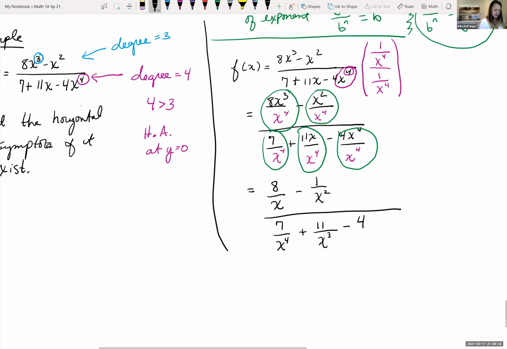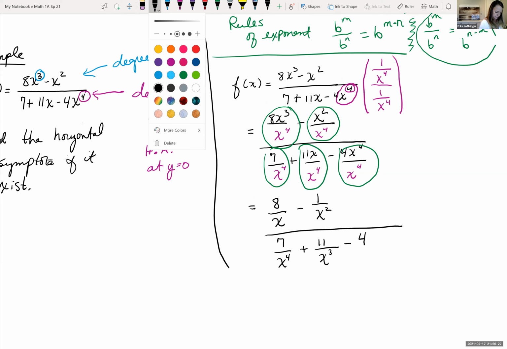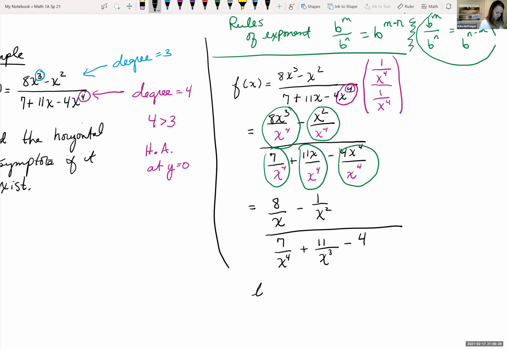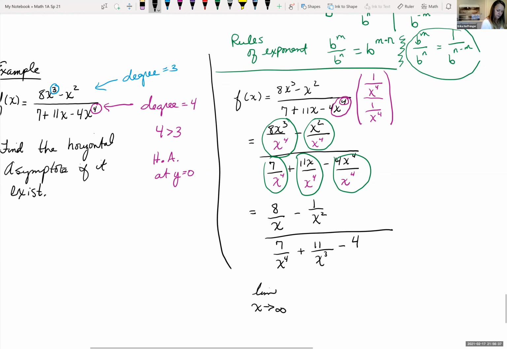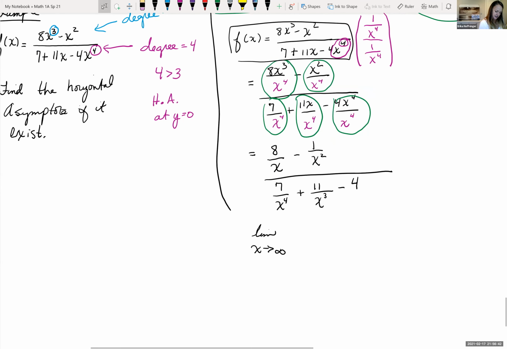And so now if I look at this limit, as x is going to infinity of this function, let's write it this way. 8 over x minus 1 over x squared all over 7 over x to the 4th plus 11 over x cubed minus 4.